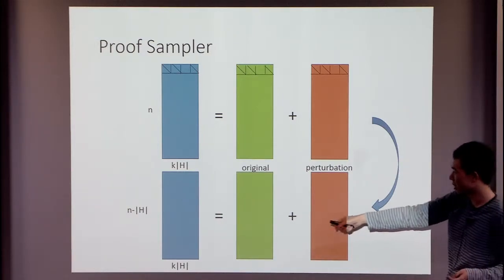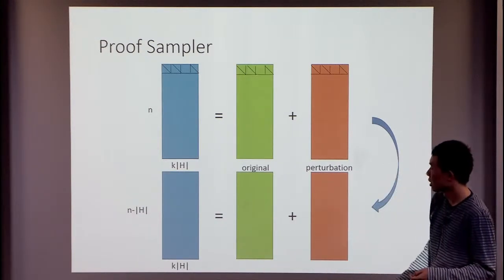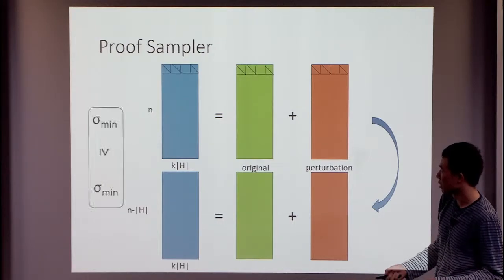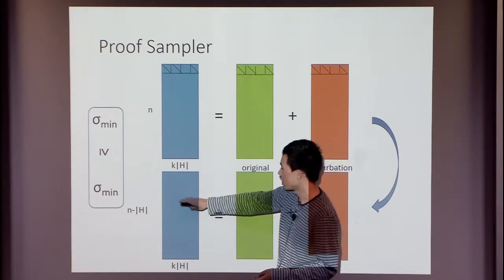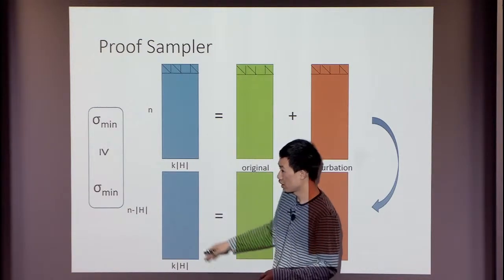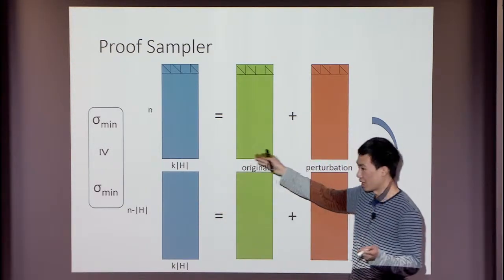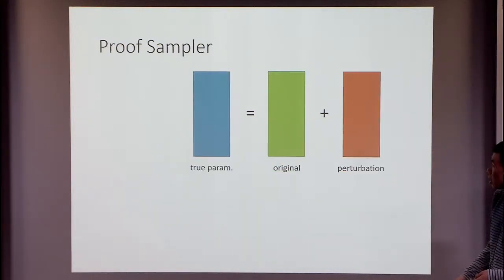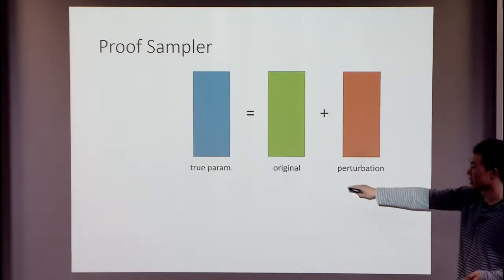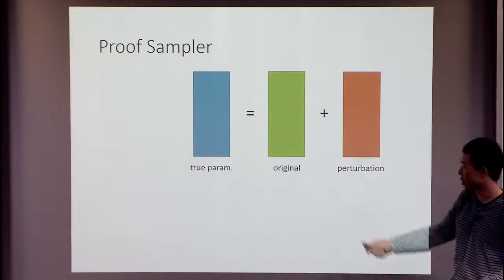Now we have fewer rows. Since we looked at a submatrix, we know the smallest singular value here can only decrease. So as long as I can show the smallest singular value here is good, I'm okay. Then I want to get rid of this original because it's worst case and I have no control over it.